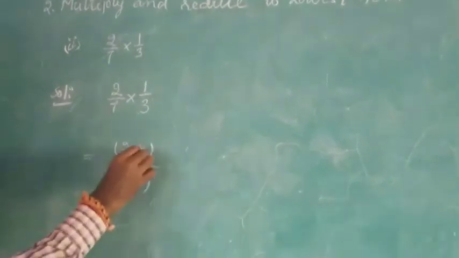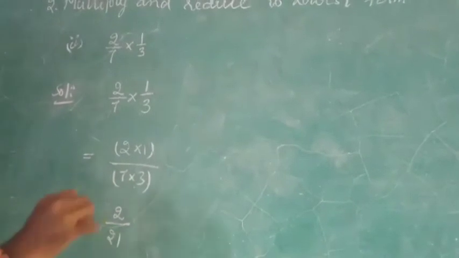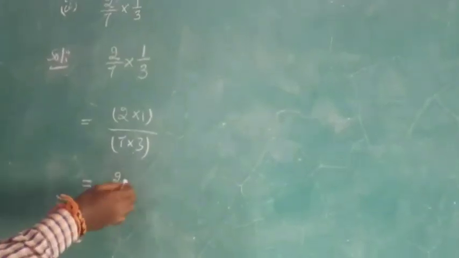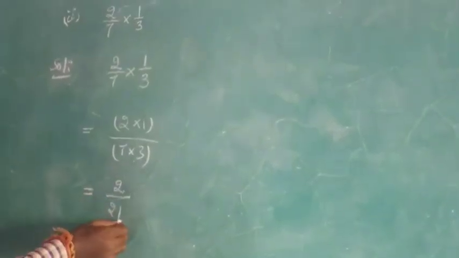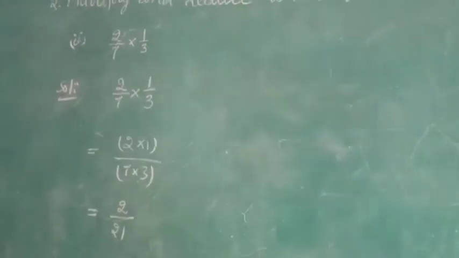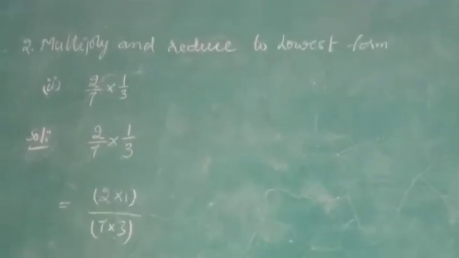So 2 1s are 2 and 7 3s are 21. Can you cancel? It is impossible. In the 2 table, 21 is not divisible. So you can stop. This is the lowest form.